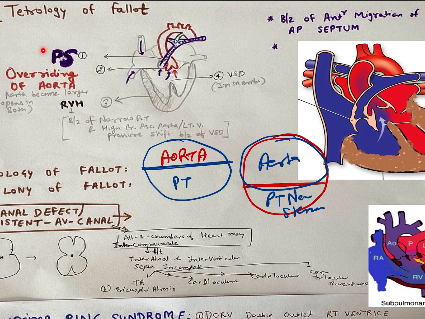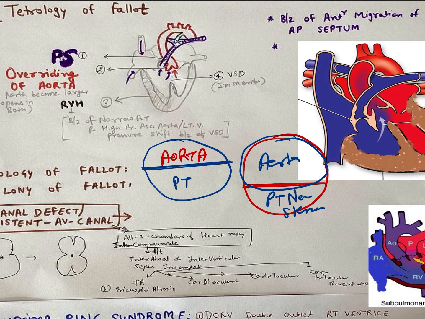What is the first pathology? The pulmonary trunk becomes narrow, or pulmonary stenosis. This is the first pathology. Second will be overriding of aorta. What is the meaning of overriding of aorta? The aorta is not only opening into the left ventricular cavity, it is also opening into the right ventricular cavity.